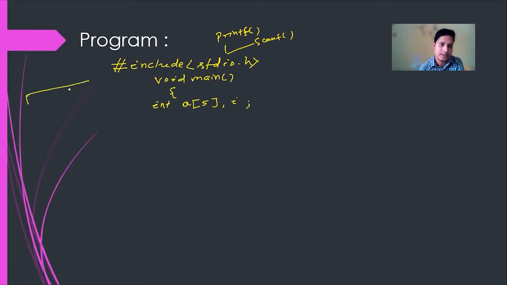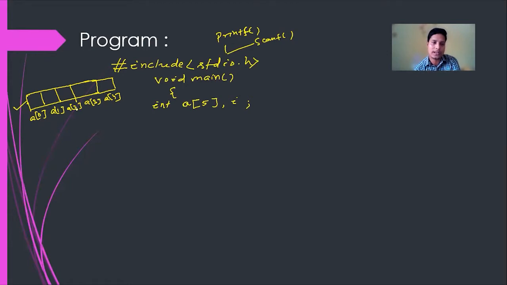So I can make the array like this: a of 0, a of 1, a of 2, a of 3, then a of 4. So when this array is declared in the program, when it is executed, this type of memory location will be created inside the main memory.